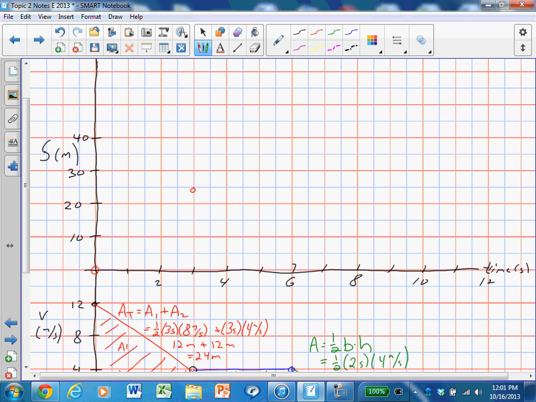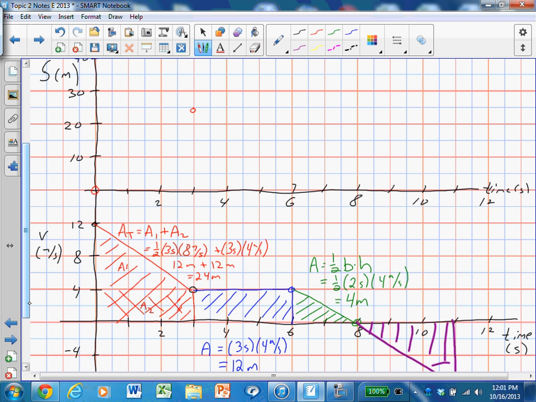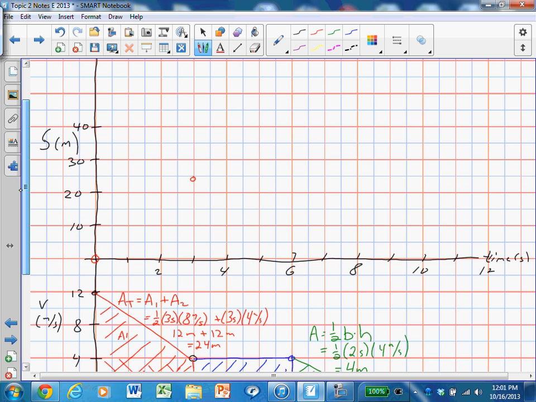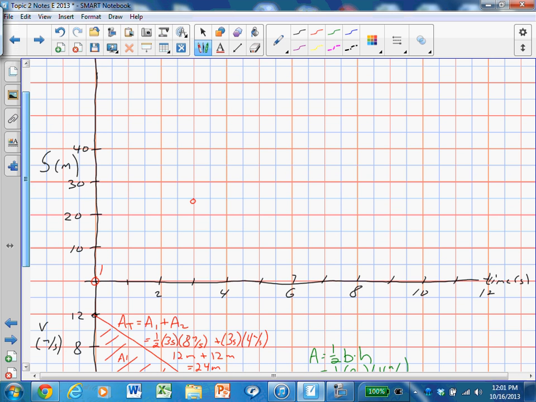The velocity in the beginning is higher, right? It's 12. The velocity at the end of that time is only 4. So we start with a higher velocity, which would be a higher slope, right? And a lower velocity, which would be a lower slope, don't we? See that? So the first one is 12. The second one is 4.